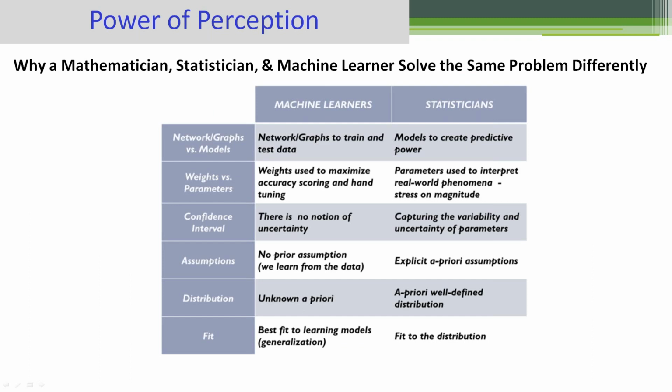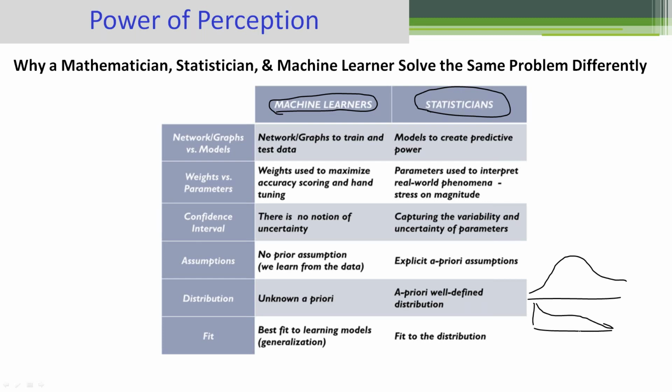Okay, power of perspective. I did not know who are all the mathematical folks, who are the statisticians and the machine learners. Machine learners are people who think the machine can learn from the data itself. Statisticians are people who think that I need to specify a certain proportionality for how it could be fit. For example, a distribution. Statisticians always go with distributions. Let's assume that the data is distributed Gaussian, or chi-square distribution, or Poisson distribution.